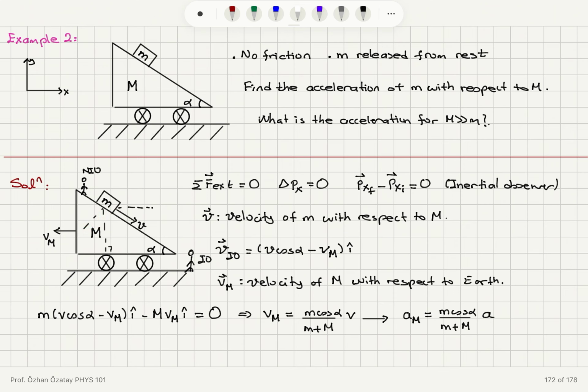And v capital M is the velocity of capital M with respect to Earth. And if I write the final momentum equals initial momentum, I see the relationship between velocities and take one derivative with respect to time. We see, because m and alpha are constants here and capital M is a constant, aM is equal to a times m cosine alpha over m plus capital M.